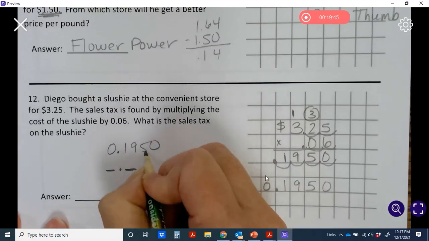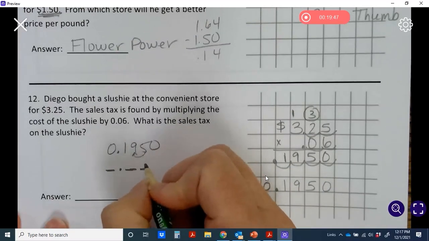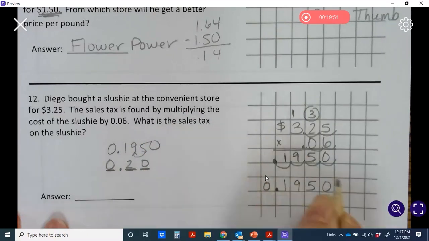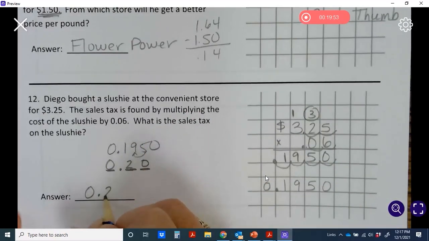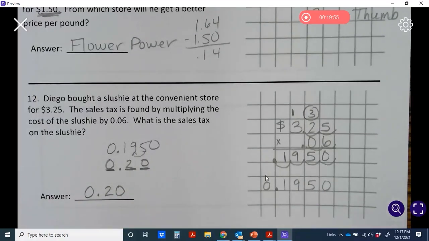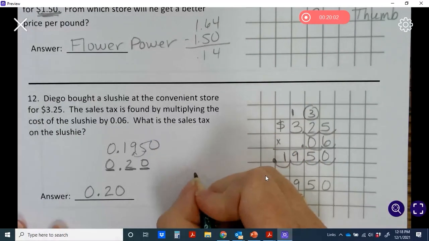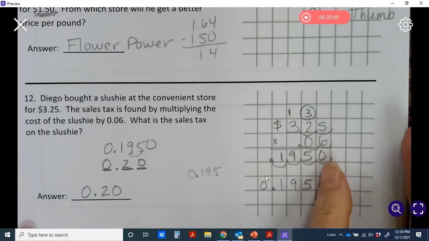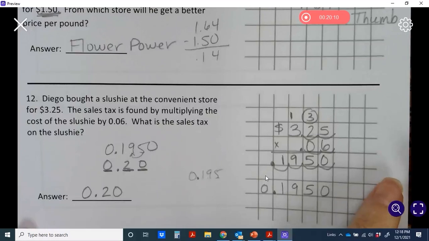So this 5 is going to bump it up, so it's actually going to be 20 cents. Okay, 0.20. You have to round it to money, because we don't have 195 thousandths in math for money in America.